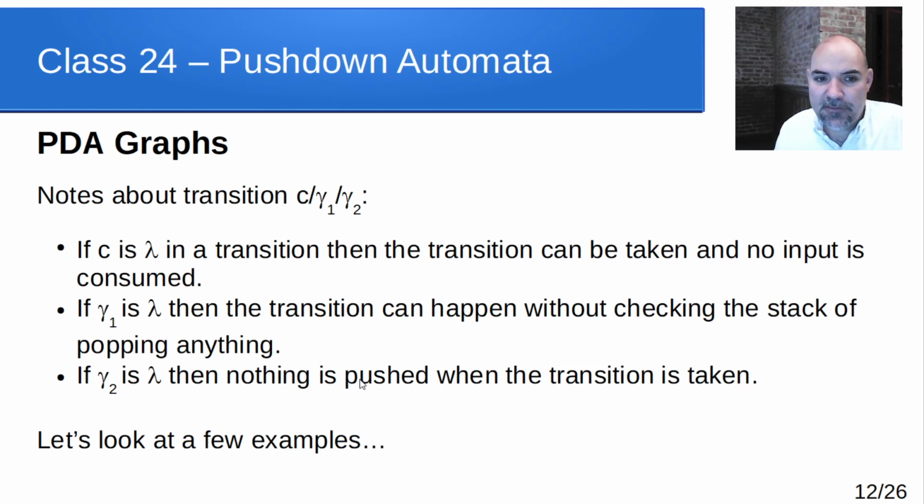Okay, a couple notes about those transitions. Again, if C is lambda in a transition, the transition can be taken with no input being consumed, just like with an NFA. So this can be lambda or a single symbol from the alphabet. If gamma 1 is lambda, then the transition can happen without checking the stack or popping anything off of it.